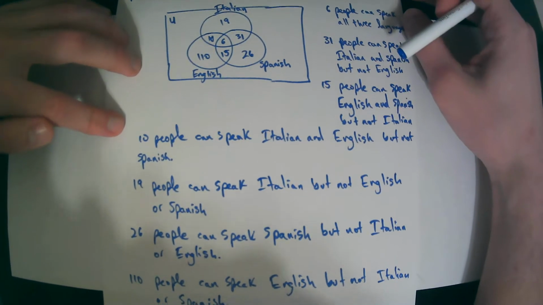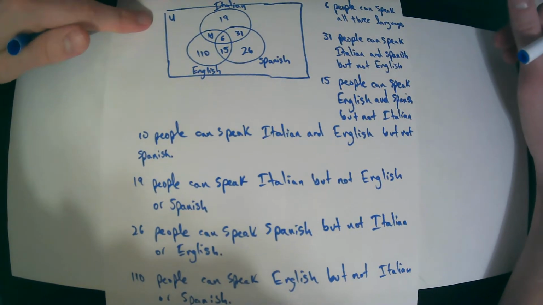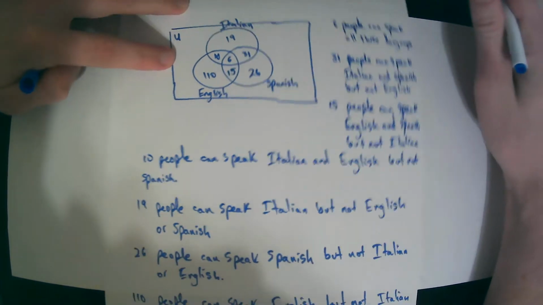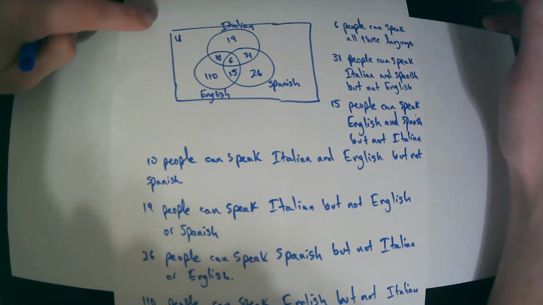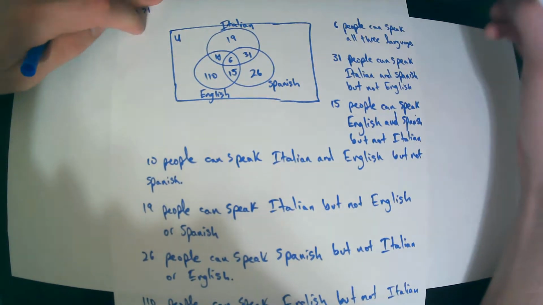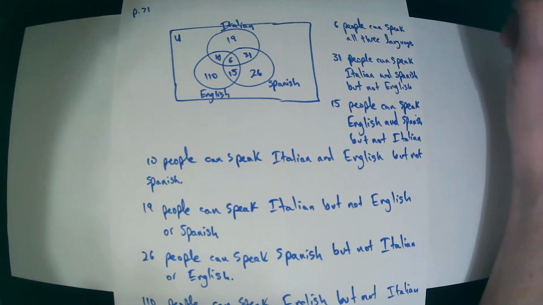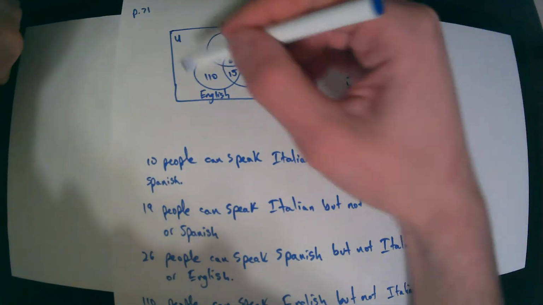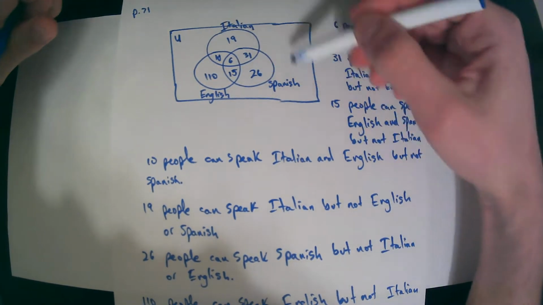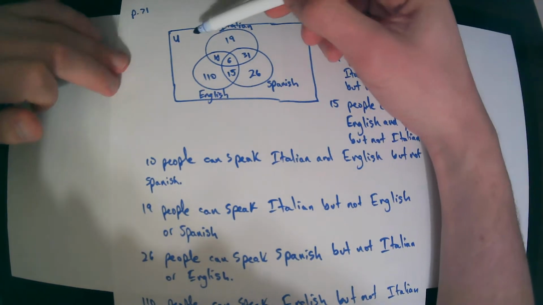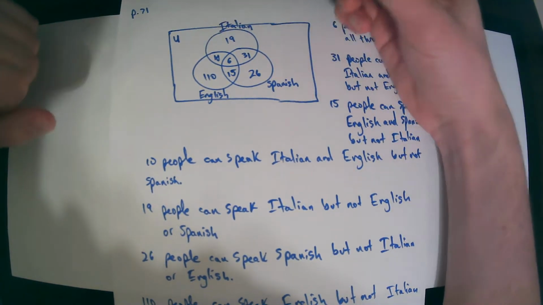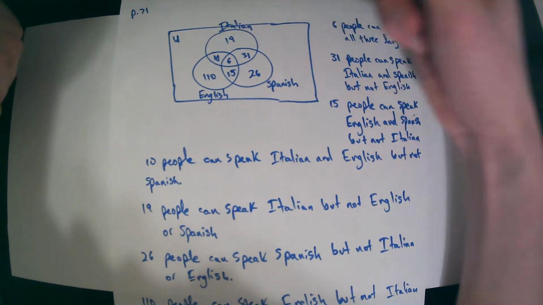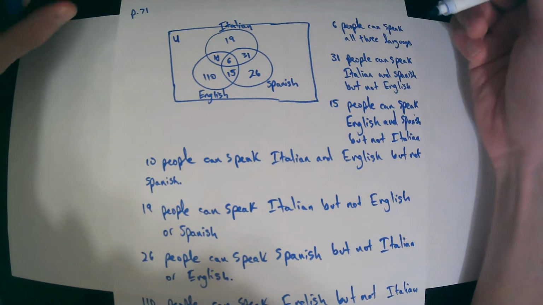Now, there is one group that we didn't explicitly discuss here. That's the group out here that can't speak any of these three languages. Maybe there's someone in this group who speaks French and Russian, but they don't speak any of the languages that we focused on in this Venn diagram, so they'd be out here in the universal set of the people being surveyed that didn't fall into any of these categories that we chose to focus on.